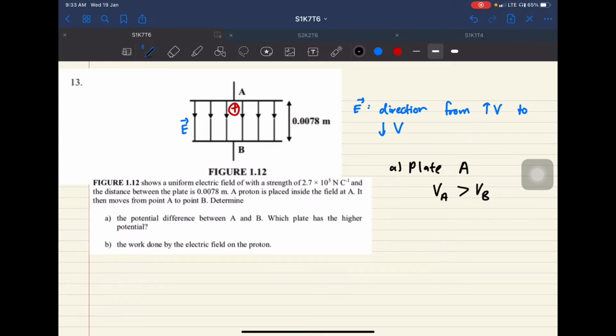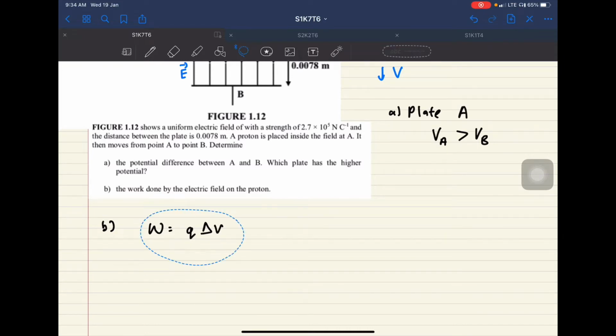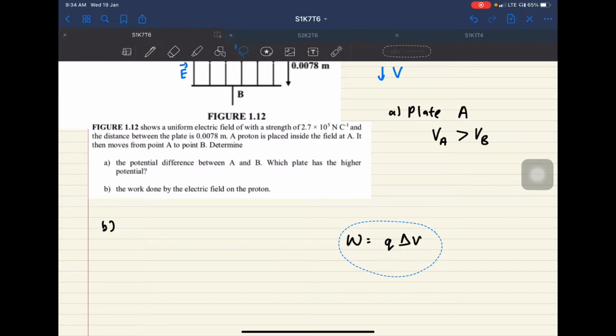Question B, they want you to find the work done by the electric field on the proton. If you want to find the work done, you have to use Q delta V. So the first thing that you need to find is delta V. Q is not given, but instead it is a proton, so you can substitute a constant over there.